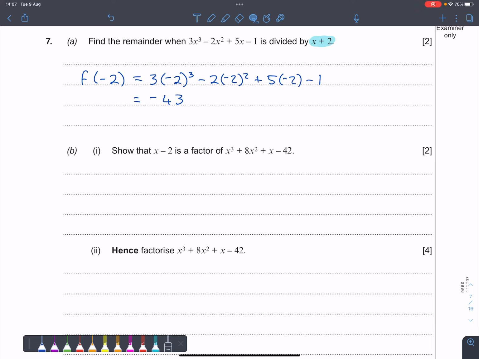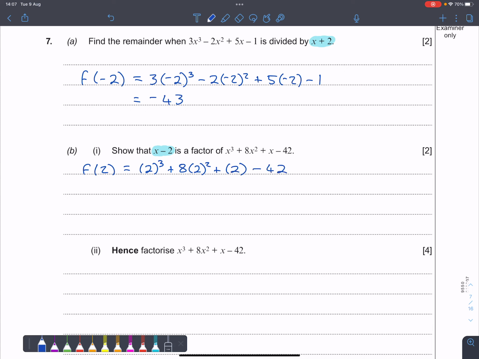Okay, part b, part 1. Show that x minus 2 is a factor of this new cubic. So to show that x minus 2 is a factor, I'm going to have f of positive 2 going in there. So I'm going to have 2 cubed plus 8 lots of 2 squared plus 2 minus 42.